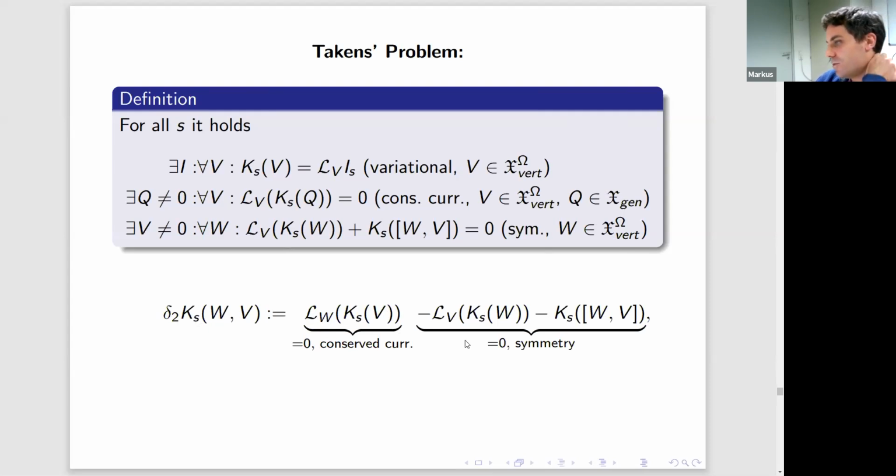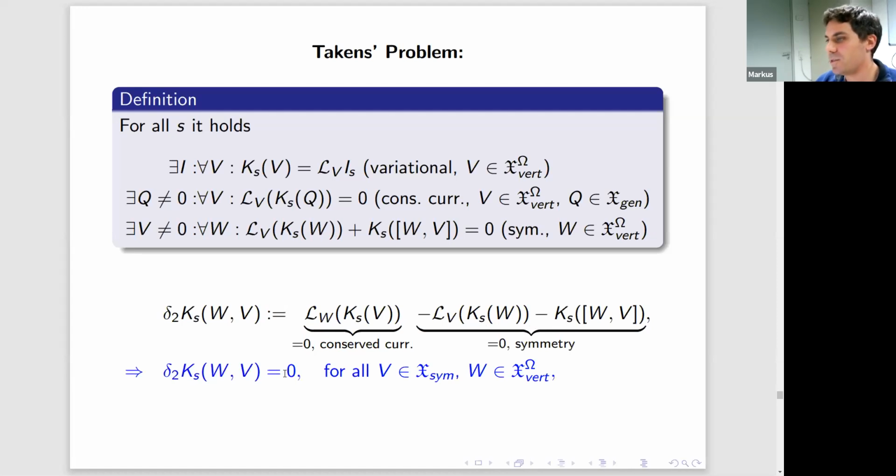And if V at the same time is a symmetry, so if this whole thing here vanishes, then this thing here vanishes too. So both things vanish, and this implies that delta 2k equals 0.